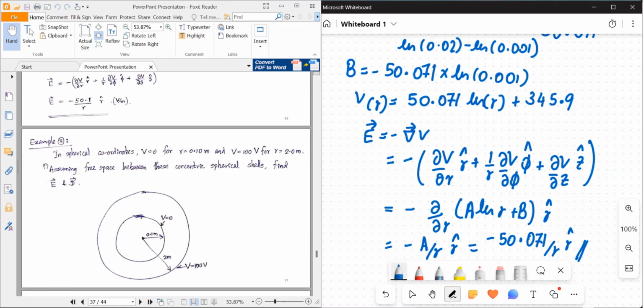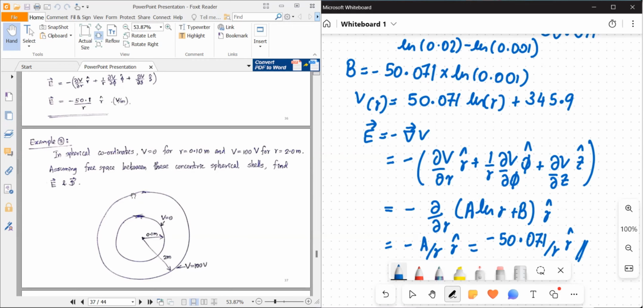So I'm going to move into another example. In spherical coordinates, potential is 0 at R equal to 0.01 meters. So we have one sphere here, the radius of that sphere is 0.01 meters, and on the surface of that sphere, potential is 0.